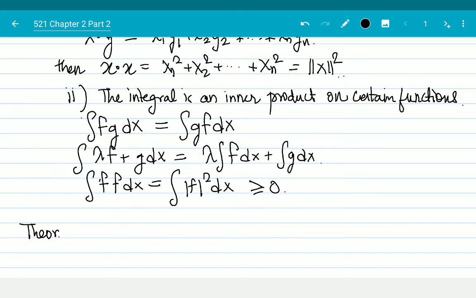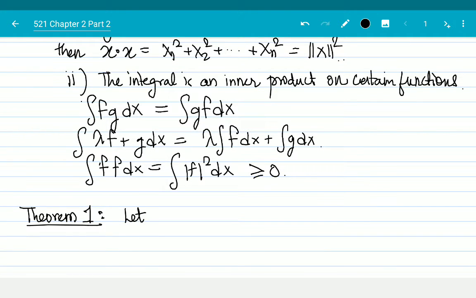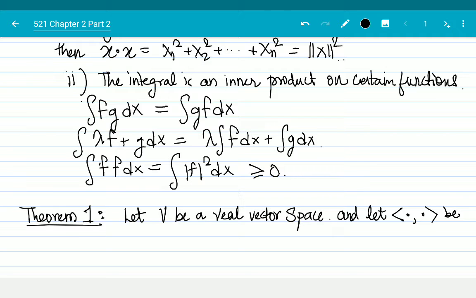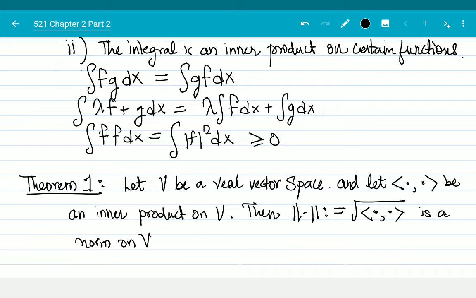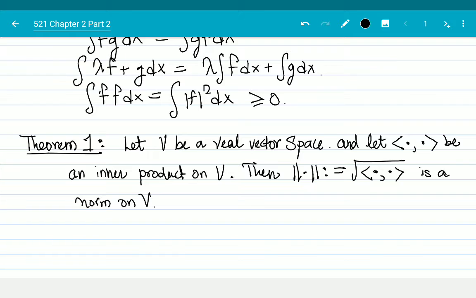Then we come to Theorem 1. Let V be a real vector space, and let the inner product be an inner product on V. Then the norm which we define on V by the square root of dot comma dot is a norm on V. We are not going to instantly prove this.